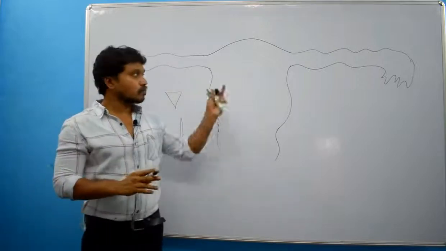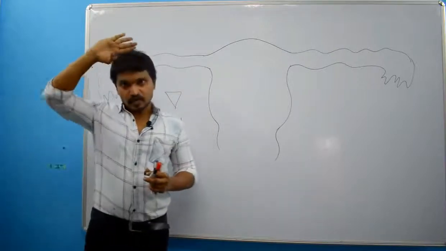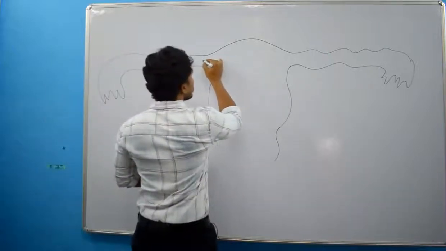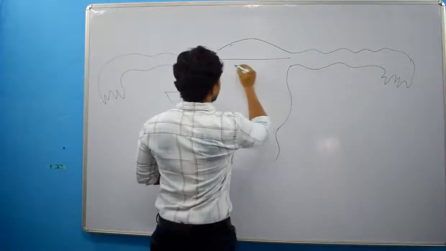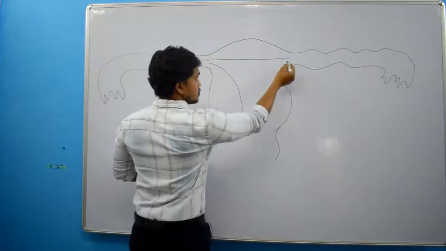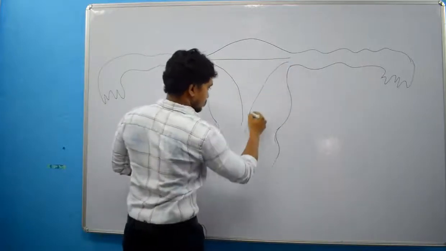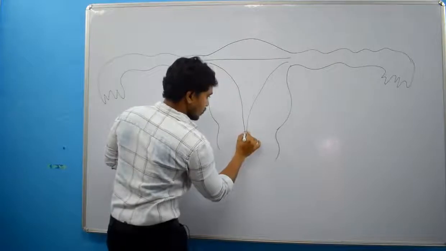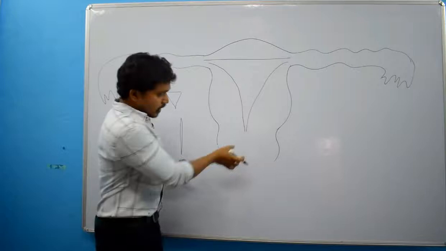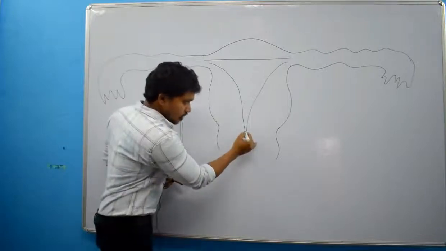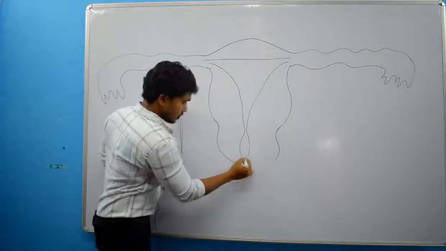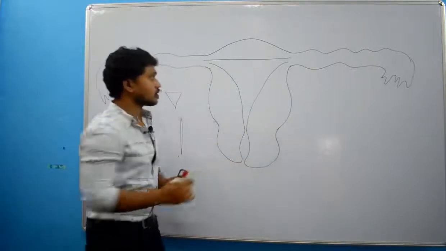Now, I am taking the coronal section of the uterus. It will be like this. So, the lumen of the uterus is triangular in shape. This is the lumen of the body of the uterus, and here the lumen of the cervix.